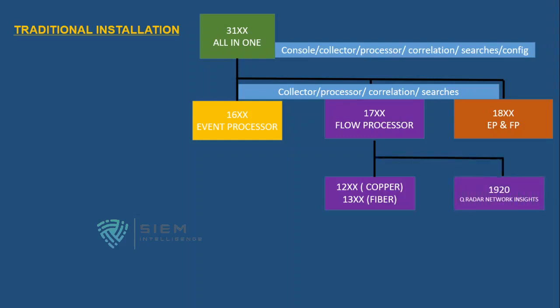This is an exclusively separate box. These two are separate boxes. You can install all of these in one box, but these two are exclusively separate. You have to add this 12XX, 13XX and 1920 separately and additionally. This 1920 is called QNI, that is QRadar Network Insights, where you will get the entire layer information, starting from layer 1 to layer 7.